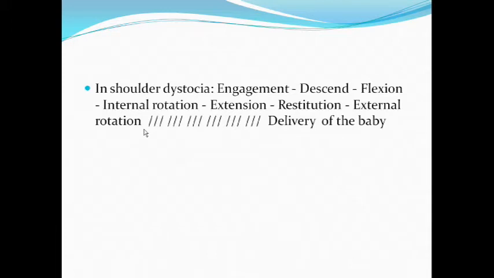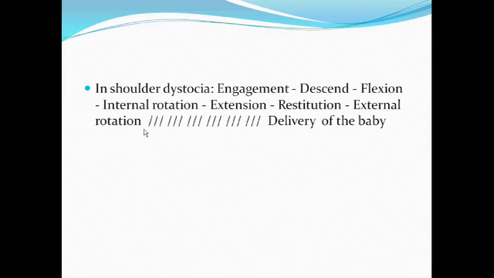As you have learned about the normal labor process, after the restitution and external rotation, the anterior shoulder hinges behind the pubic symphysis, and by giving flexion of the body, we deliver the anterior shoulder, it comes down, and then the posterior shoulder is delivered, and likewise the rest of the body.